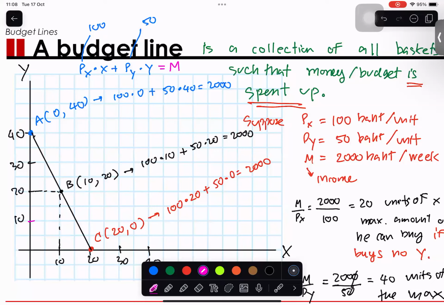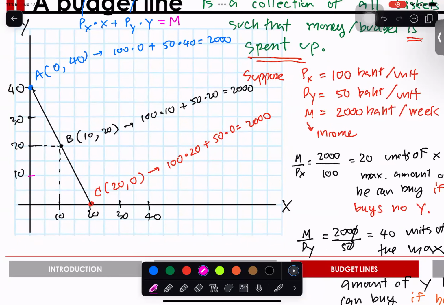Along this budget line, all spots, all baskets, no money left. So all baskets fulfill this equation: total expenditure equals financial resources. All right, clear?